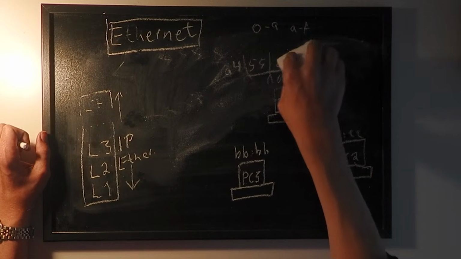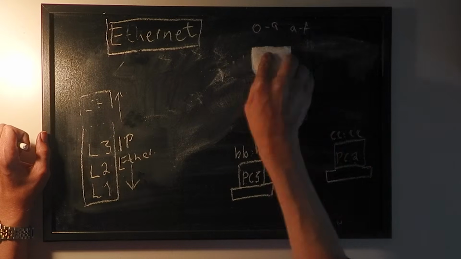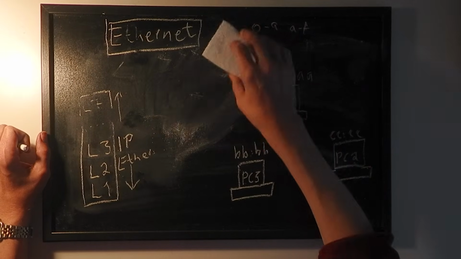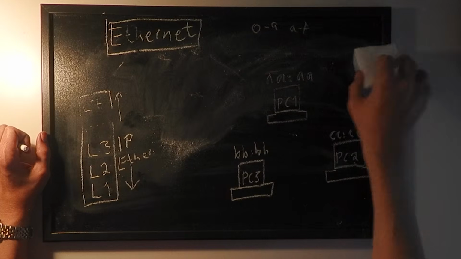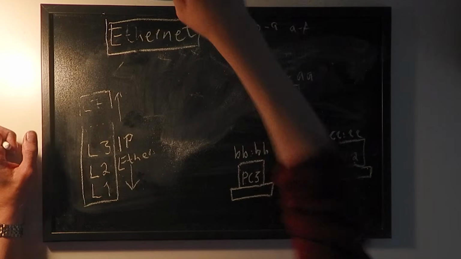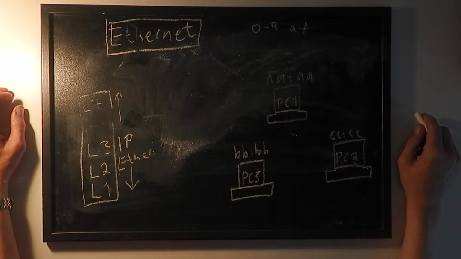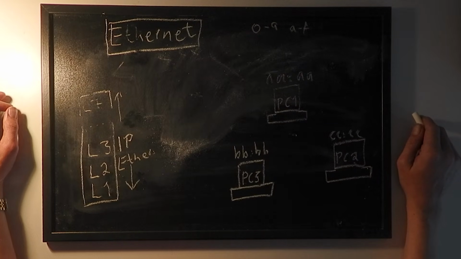So a MAC address is like an IP address, but the IP address is for transporting packets globally around the world on the internet, whereas MAC addresses are used for communicating on a local network.